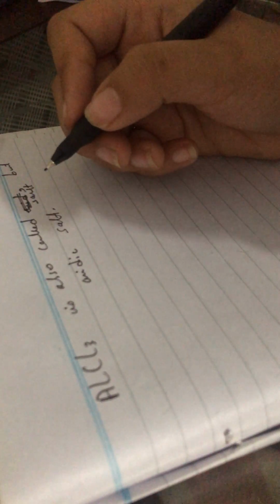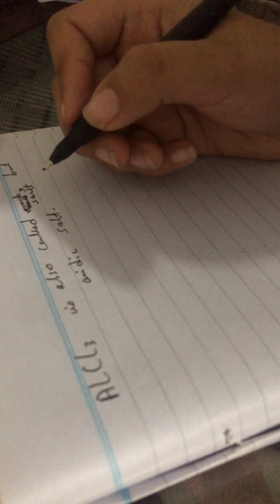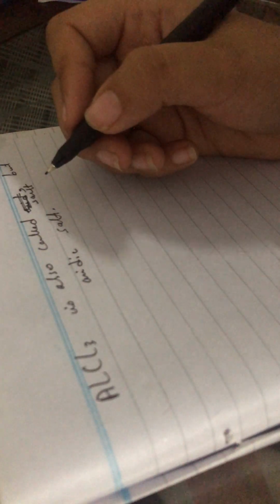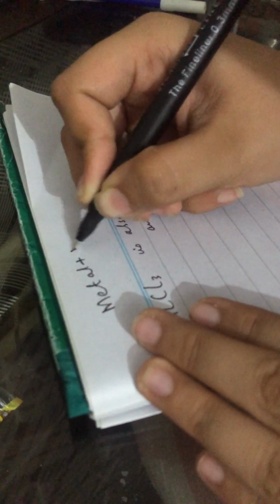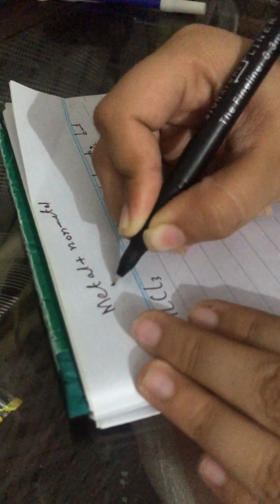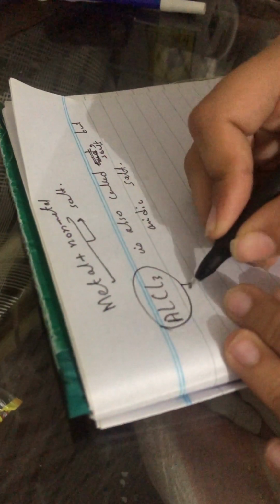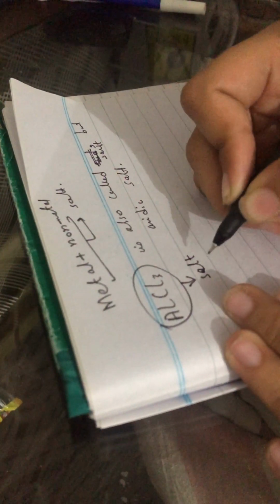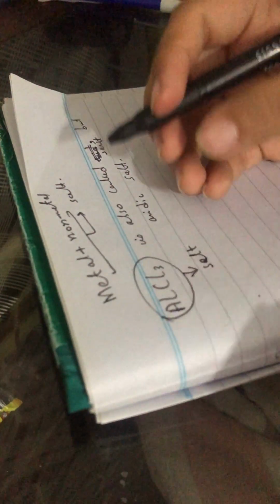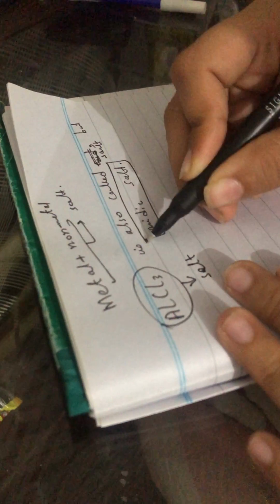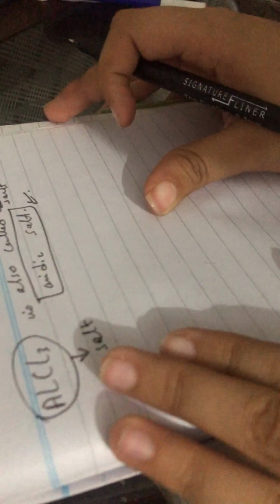Because Al is electron deficient, as we discussed, so it can accept a lone pair, so this is an acid. But metal plus non-metal is known as a salt. Here we have one metal and one non-metal, so this will be called a salt, but it will be known as an acidic salt.